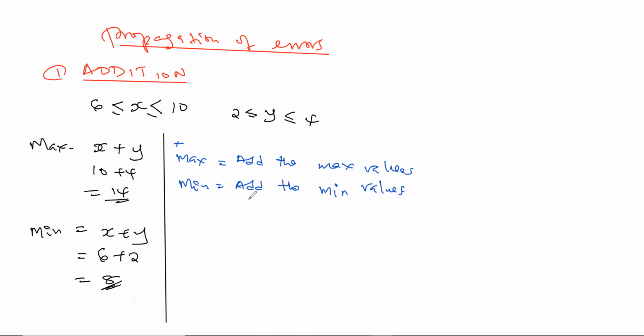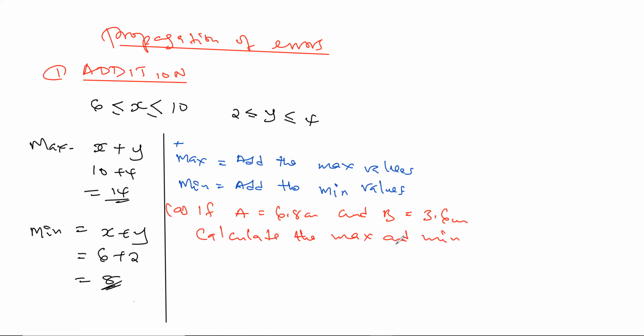First question. If A equals 6.8 centimeters and B equals 3.6 centimeters, calculate the maximum and the minimum value of A plus B. So this is an operation.